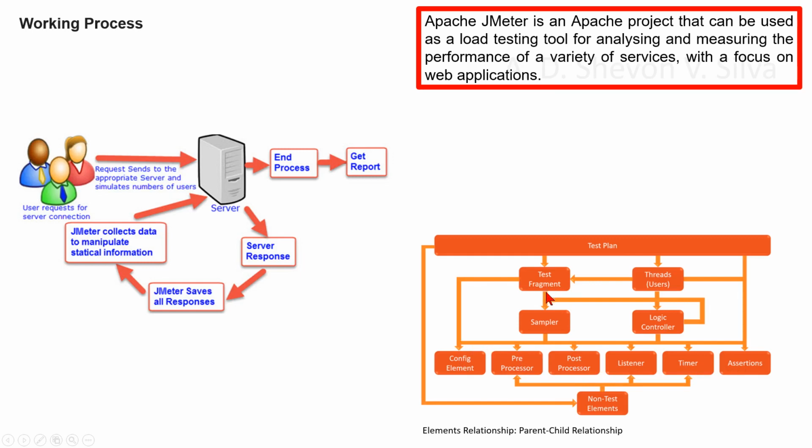Here the test fragment is connected to sampler, and the thread users are connected to logic controller and sampler, and logic controllers are connected to sampler. The sampler and logic controllers are connected to config element, preprocessor, post-processor, listener, timer, and assertions.